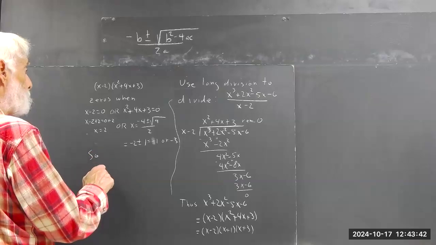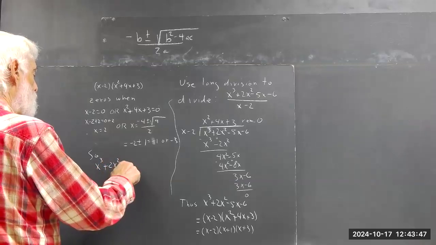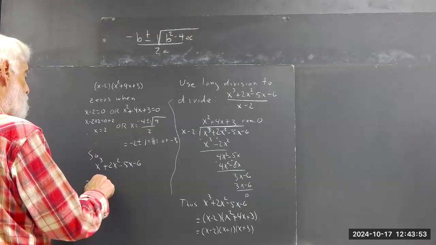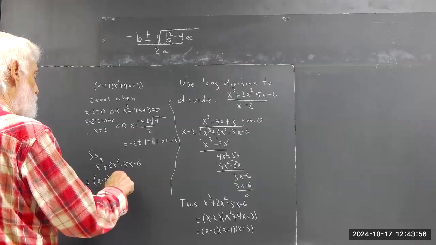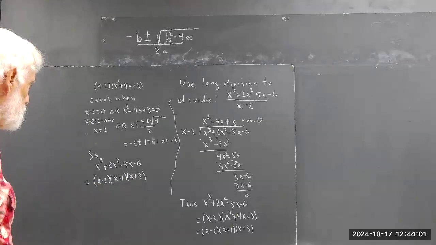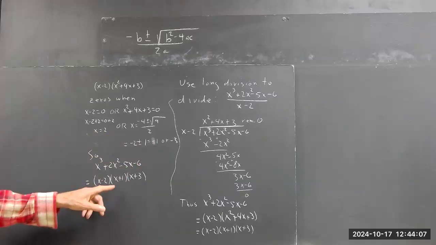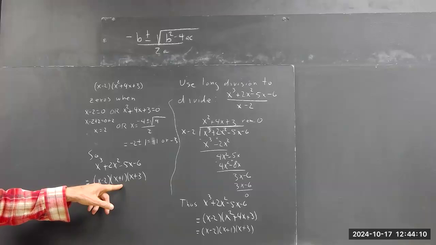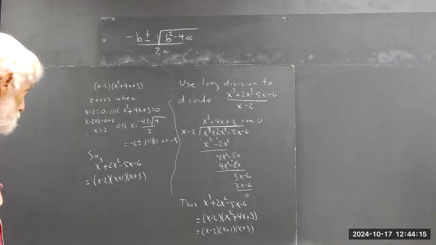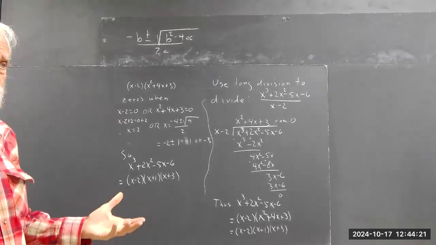Tells us two things. If it's going to be 0 and x equals -1, then you have to have an x plus 1 factor, right? If it's 0 when x is -3, you're going to have to have an x plus 3. All that pretty obvious.